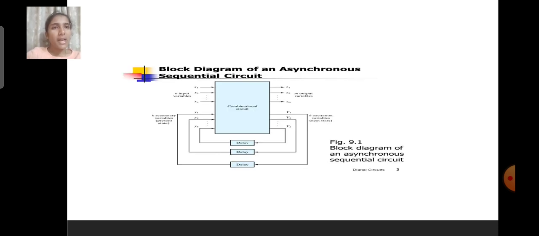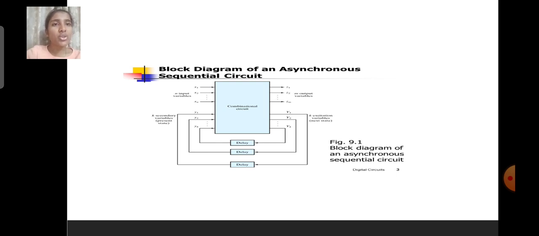Here is an example of a block diagram of asynchronous sequential circuits. Firstly, sequential circuits are classified into two types: synchronous and asynchronous sequential circuits. The above diagram is an example of asynchronous sequential circuits where the input and output are given.